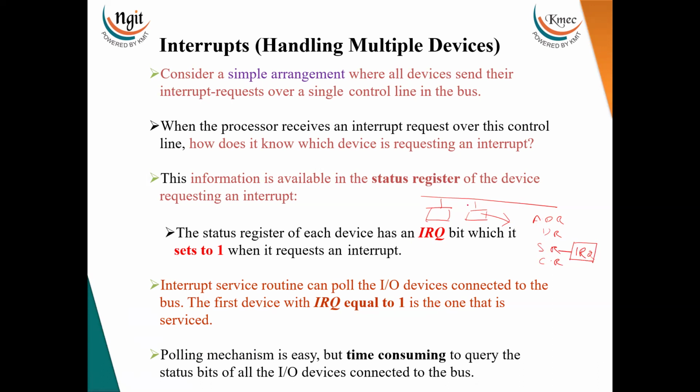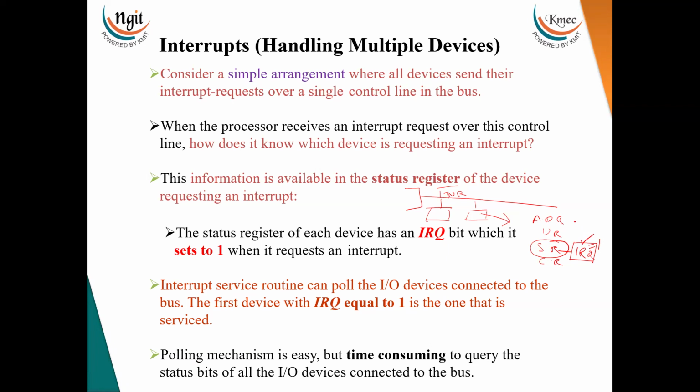When the microprocessor receives the interrupt, it will read the status register of all the interface circuits. Whichever status register has the IRQ bit equal to 1, or enabled, the microprocessor understands that particular device generated the interrupt.